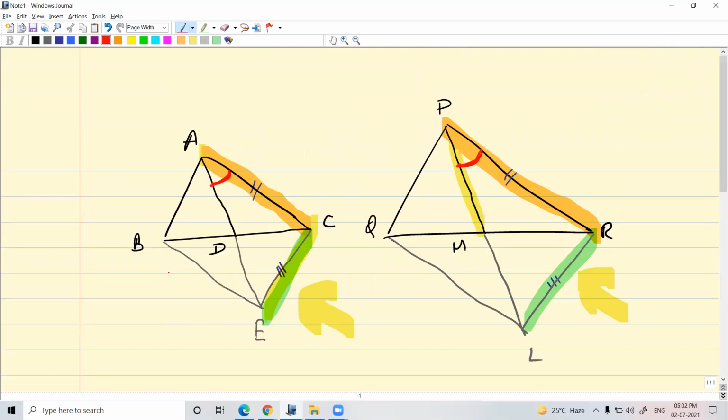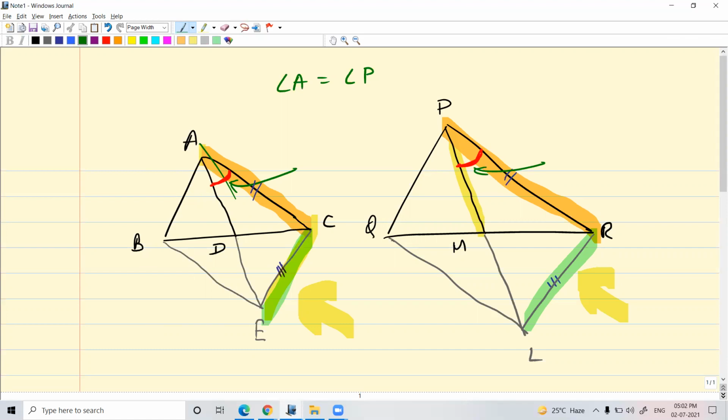And then what else can we do here? Tell me how to get to our main goal. Our main goal was to prove that angle A is equal to angle P. So as of now, I have been able to prove that this part of the angle A is equal. So similarly, we can do another triangle too. Yes, we can just write similarly, ABE is similar to PQL, and we will be able to get this angle also equal to this angle.